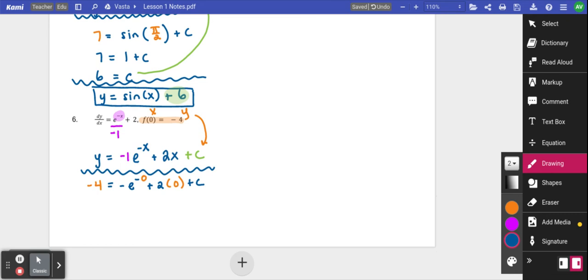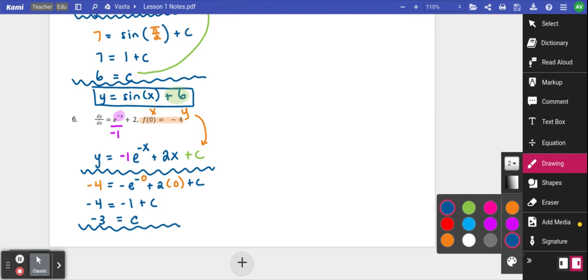Now, e to the 0 is just 1. So I'm going to have negative 4 equals negative 1. 2 times 0 is 0 plus c, which means I figure out that my c value is negative 3.